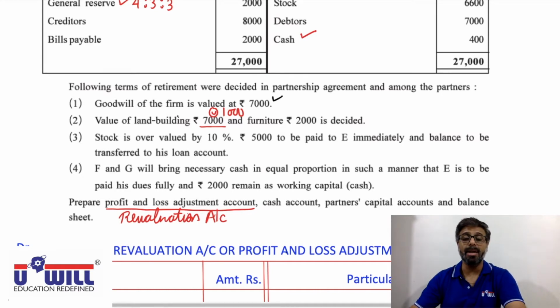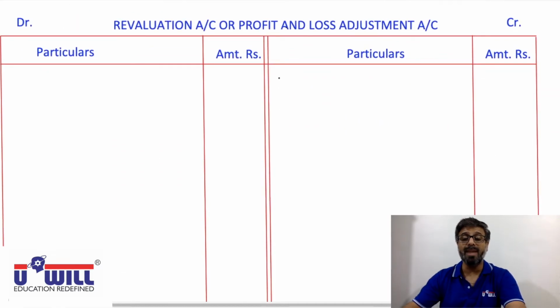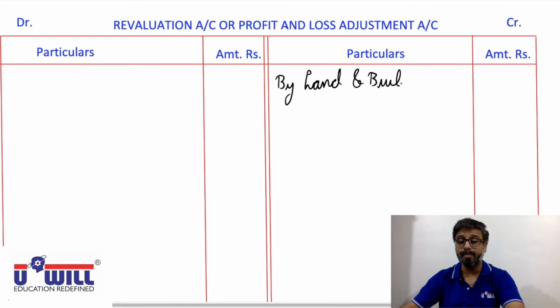So land and building account debit 1000 to revaluation account 1000 with the profit of 1000. In revaluation account on the credit side, by land and building account with the profit of 1000.